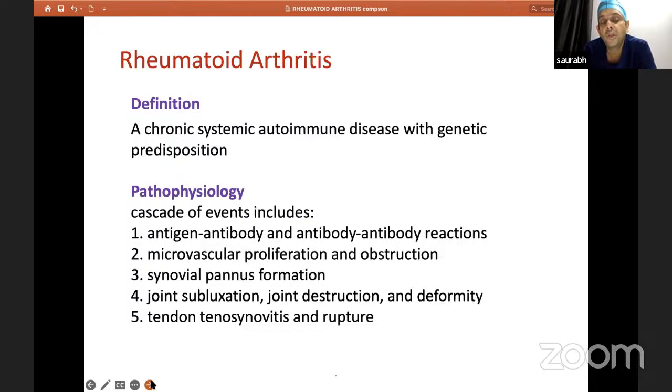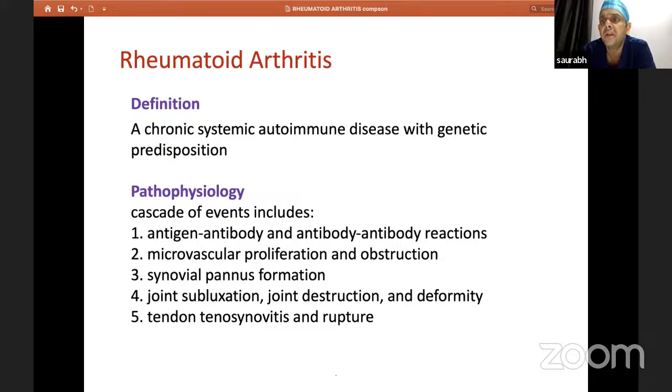Definition: it is chronic, it is systemic, it's an autoimmune disease, with antigen-antibody complexes which attack the synovium and the cartilage, and there's a genetic predisposition. Pathophysiology, again, antigen-antibody complexes will cause synovial proliferation, which is also known as pannus.